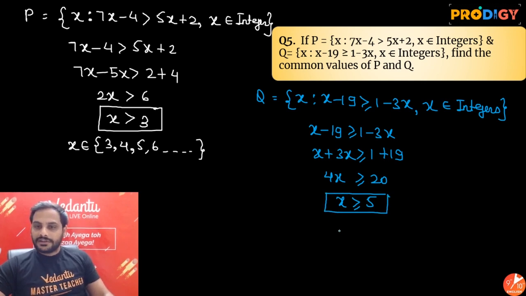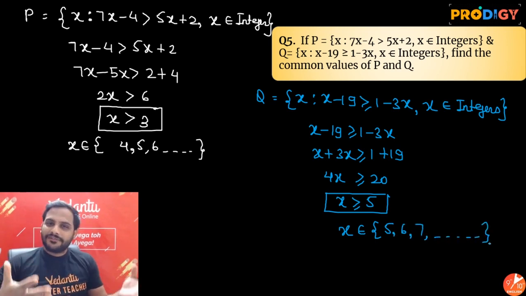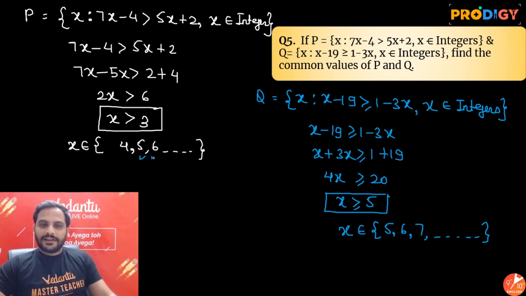So here the values of x possible will be: x can be 5 because equal is included. Arey yaar, why am I making this mistake? Yeah, 3 is not included over here. Okay, 4, 5, 6 and all. So here x can be 5, 6, 7 and so on. So beta, obviously the common values are 5, 6, 7.